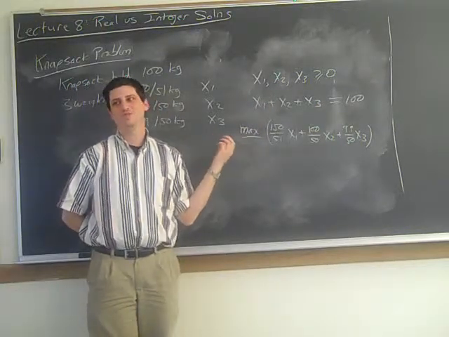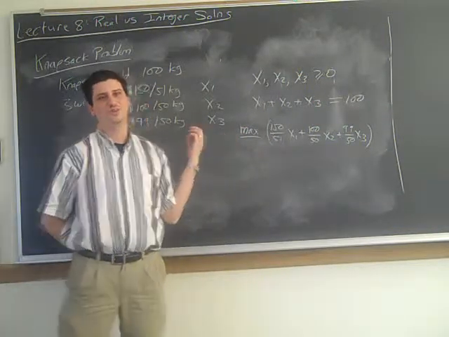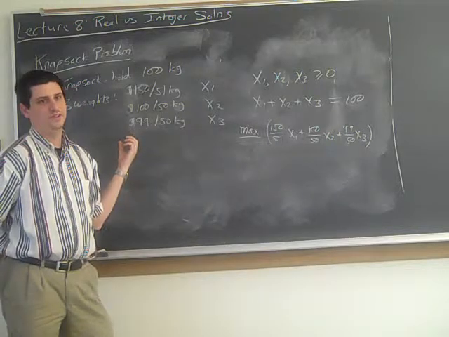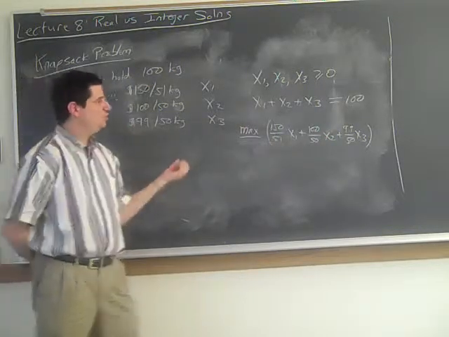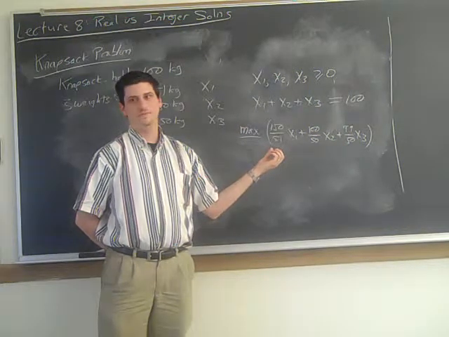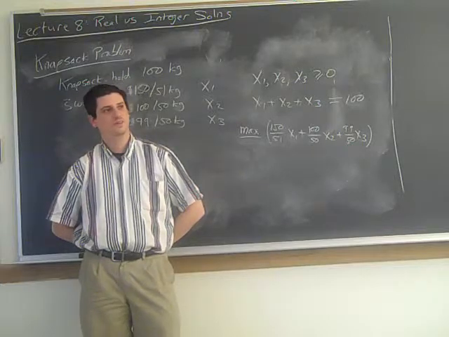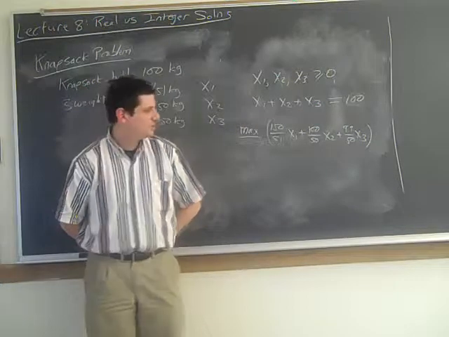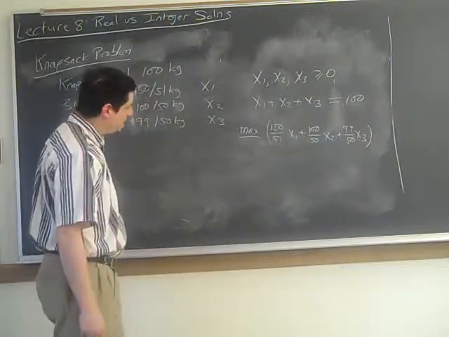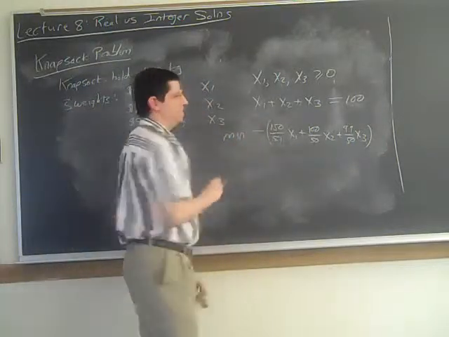The way the canonical program is set up, this is not it. What are we supposed to do in a canonical problem? It's a minimum. So how could we convert this to a minimum? Negative, right? Instead of trying to maximize this, multiply by -1 and minimize.